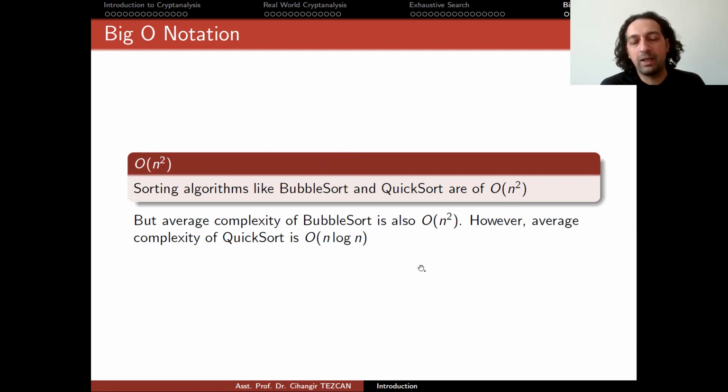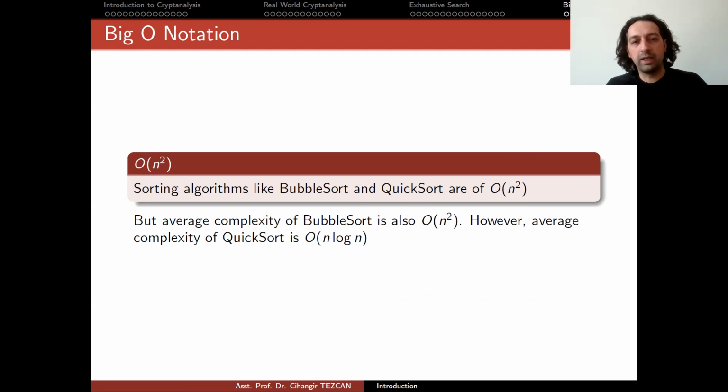And actually, in practice, I observed this in an experiment myself. When we are working with small n, people wouldn't mind if you are using quicksort or bubble sort, because both of them are polynomial time algorithms, so you get the result instantly. But if n is huge, in my case, in an experiment, I sorted 32 gigabytes of elements.